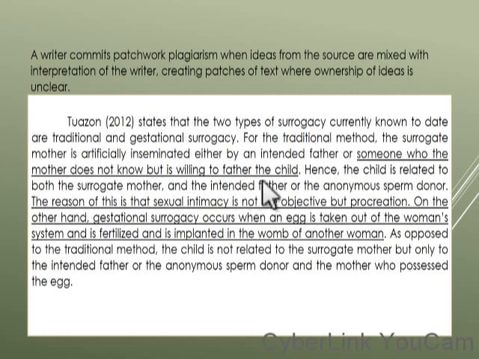It is not stated in the original text, but the writer of this text, or the one who copied it, put in his own interpretation. That's why it becomes patchwork plagiarism. Next, hence, the child is related to both the surrogate mother and the intended father or the anonymous sperm donor.